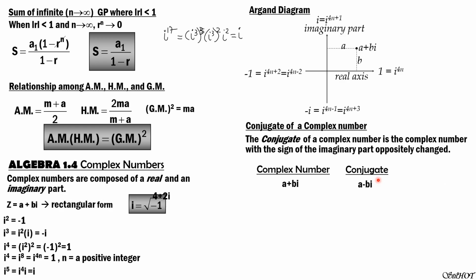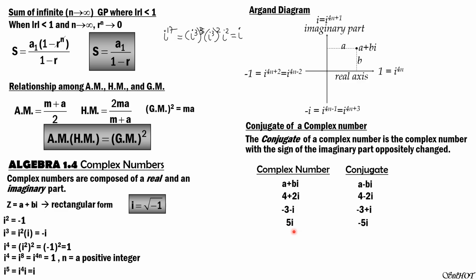If the complex number is 4 plus 2i, the conjugate is 4 minus 2i. Negative 3 minus i, the conjugate is negative 3 plus i. If you have 5i, the conjugate is negative 5i. If you have 4, the conjugate would still be 4. That's it for that case.